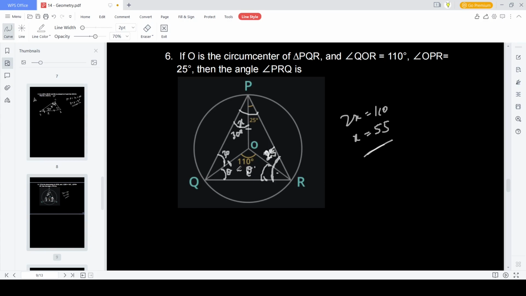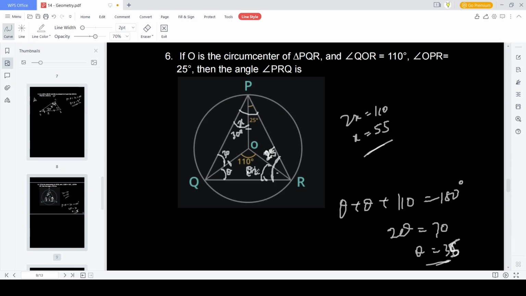If this angle is theta, this angle is theta because opposite sides are similar. So PRQ we want, so we want the value of theta. Using angle sum property in triangle OQR, we'll get that 2 theta plus 110 equal to 180, so 2 into theta is equal to 70. Theta is equal to 35 degree. If theta is equal to 35 degree, this will be 35.